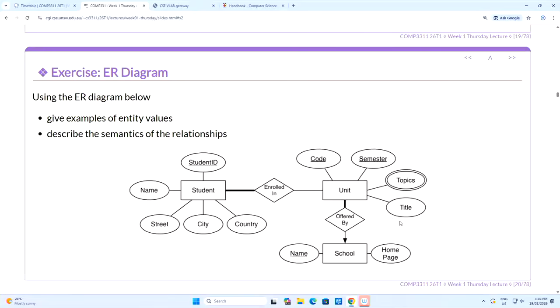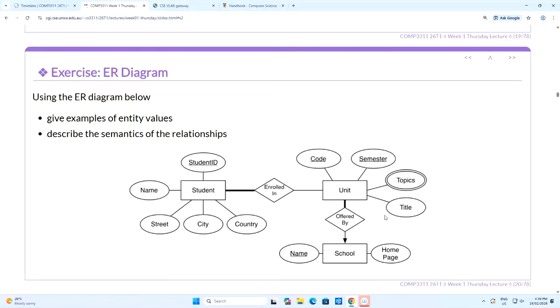Code and semester, are those the main attributes for unit? Yeah, code and semester are the key attributes for unit. As you can see, it is a little bit weird as it has two key attributes. In this case, their combination is the unique identifier of the unit. Do you want to give it a try?